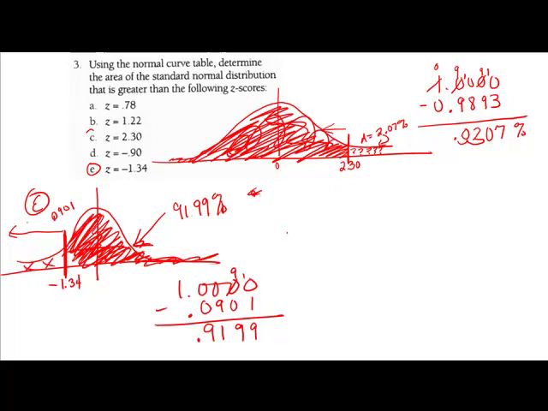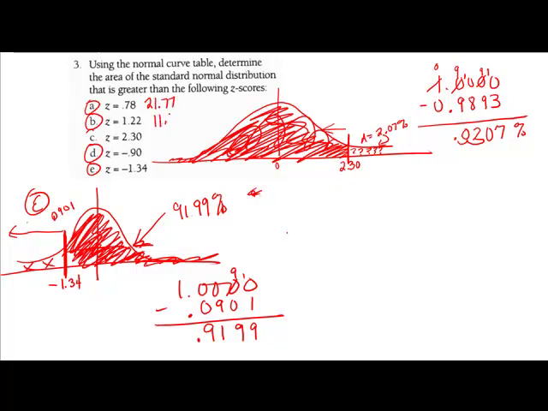Okay. Hit pause, and you need to do A, B, and D. And I'll write the answers. So you've hit pause, and now you're back. And 3A is 21.77.